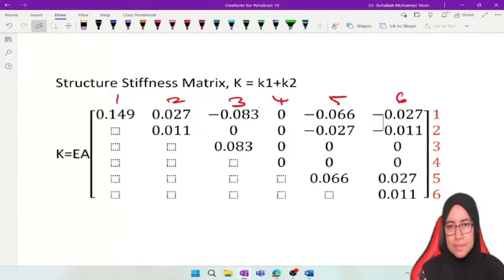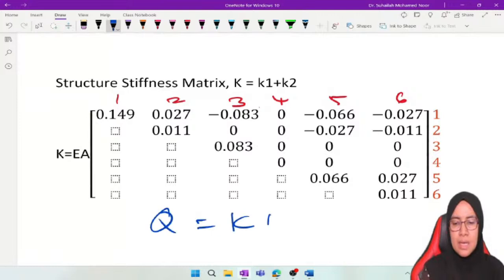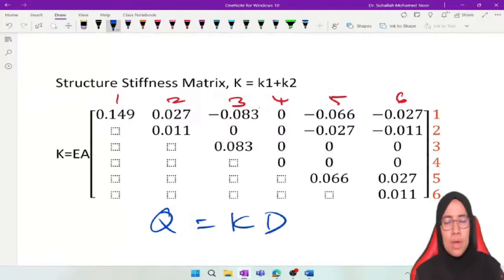Do you have any question? For tomorrow's session, I will continue to finish this example. I will continue to apply Q is equal to KD. I will show you how to calculate the unknown displacement and unknown reaction at the support.